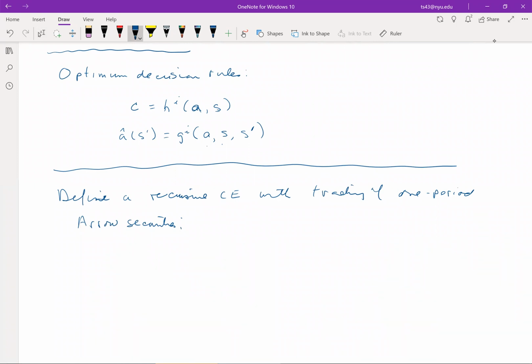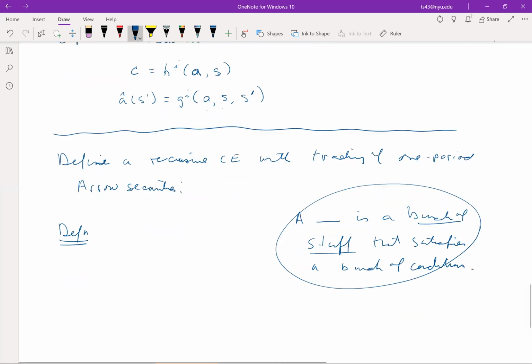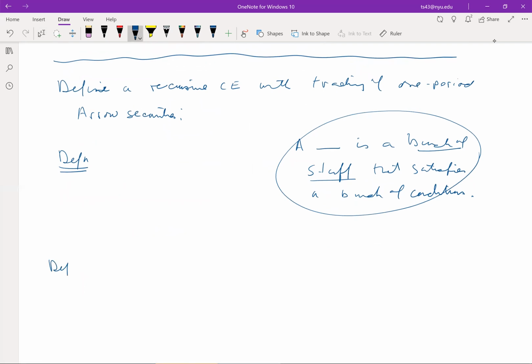Okay, so let's have a definition. So remember, our definitions are going to be a blank is a bunch of stuff that satisfies a bunch of conditions. That's what our definition is going to look like. So we have to fill in the blanks.